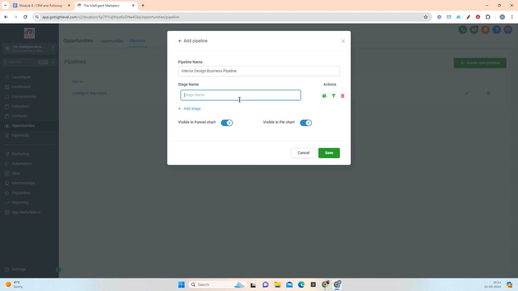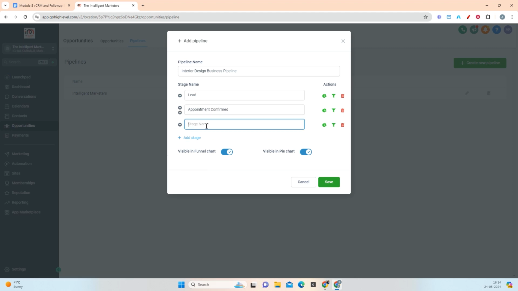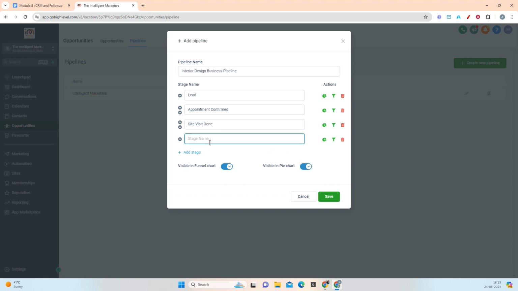pipeline. Let's keep the stages as lead. Then let's keep the stage as appointment confirmed. Then site visit done. Then proposal submitted.